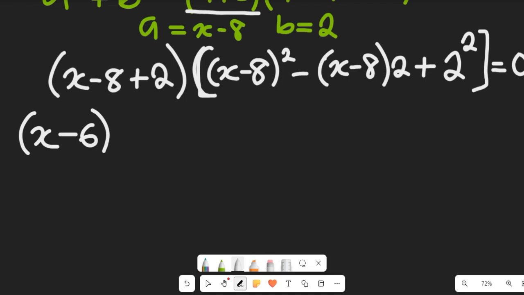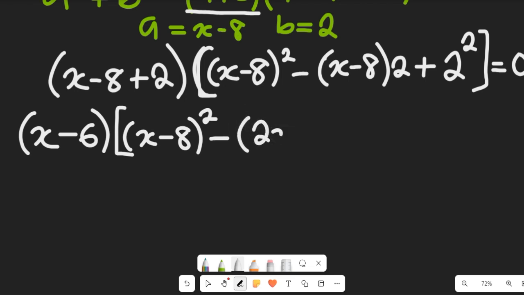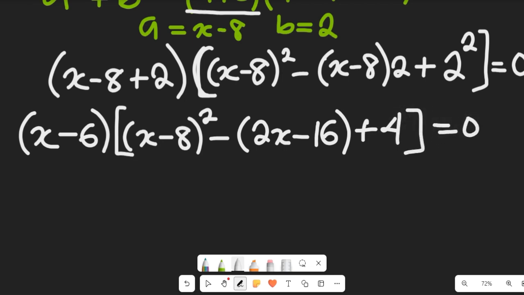So this whole thing is going to give us (x minus 6) times the bracket (x minus 8) all squared, minus (2x minus 16), plus 4, close bracket, equal to 0.